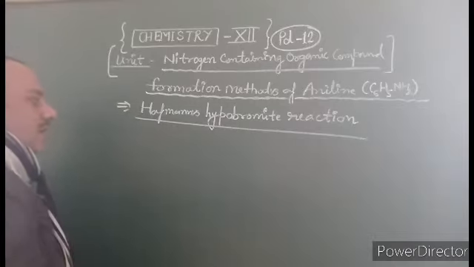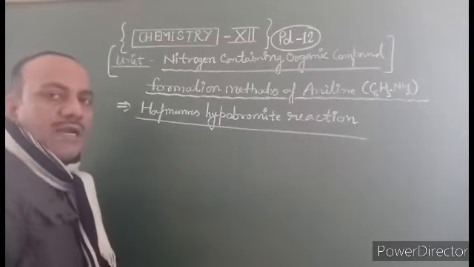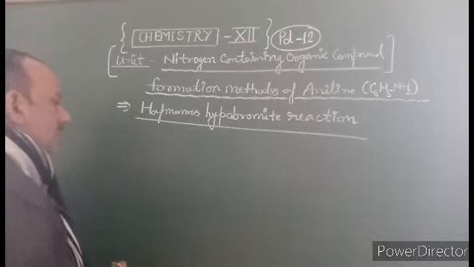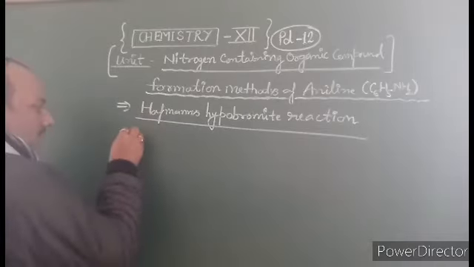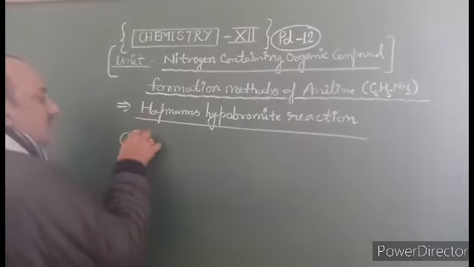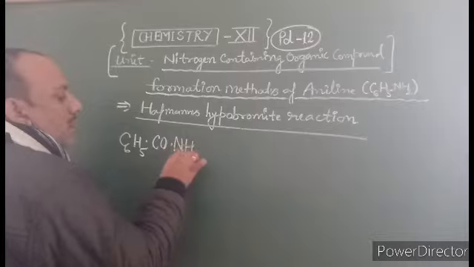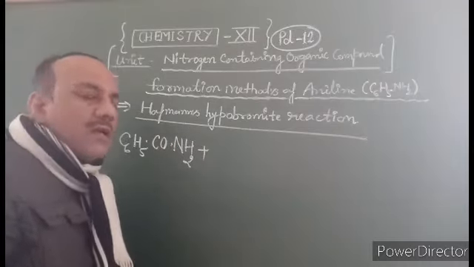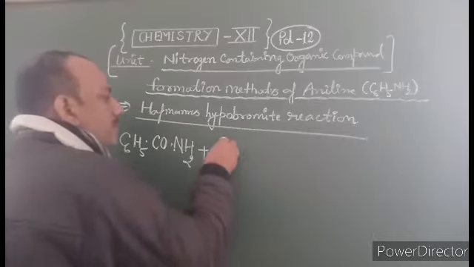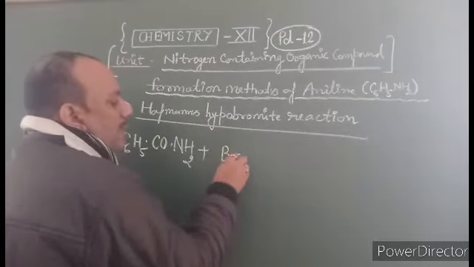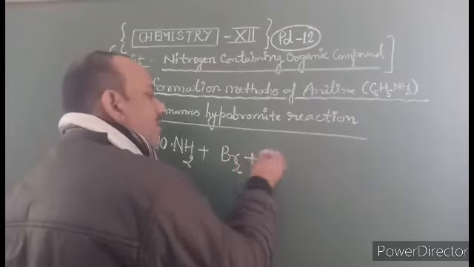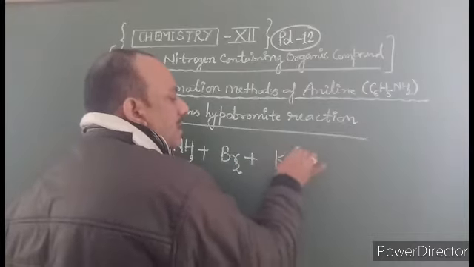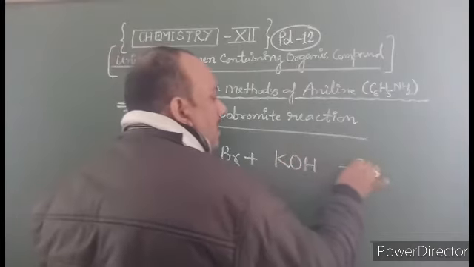According to this reaction, an aromatic compound named benzamide, its formula is C6H5CONH2, reacts with caustic potash and bromine. The formula of bromine is Br2 and the formula of caustic potash is KOH.